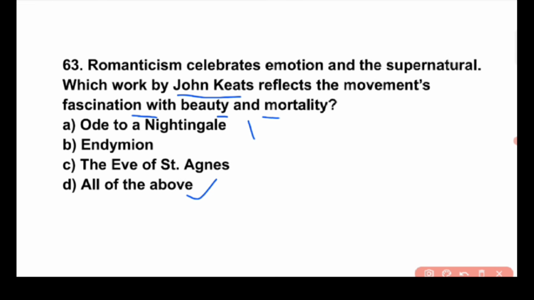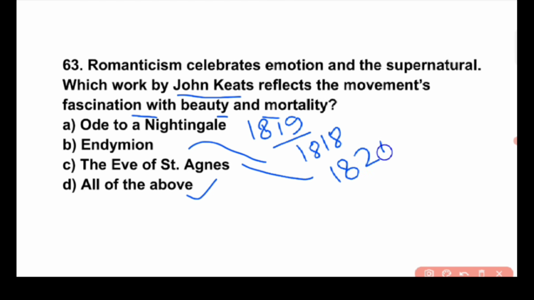Nightingale, 1819, you can correlate it with 19. Endymion, 1818, and Eve of St. Agnes, 1820. So Endymion, then Nightingale, then Eve of St. Agnes. They explore beauty and transience, core Romantic themes.